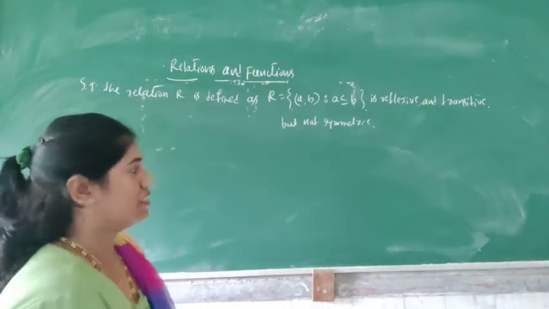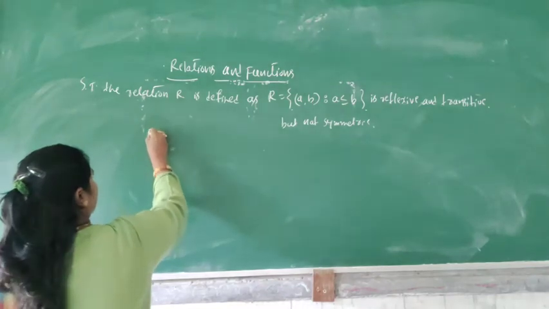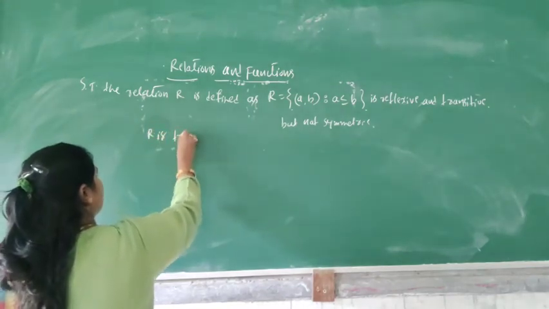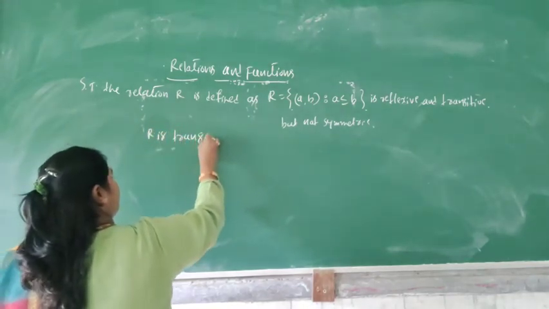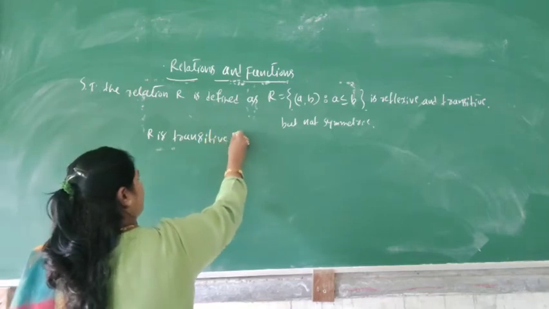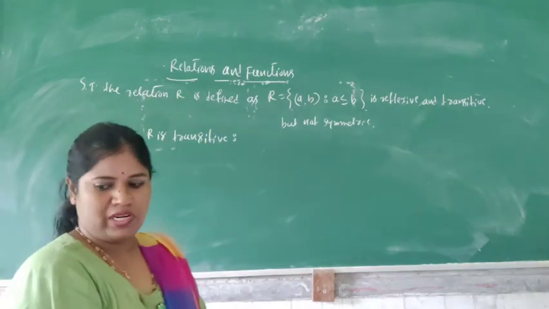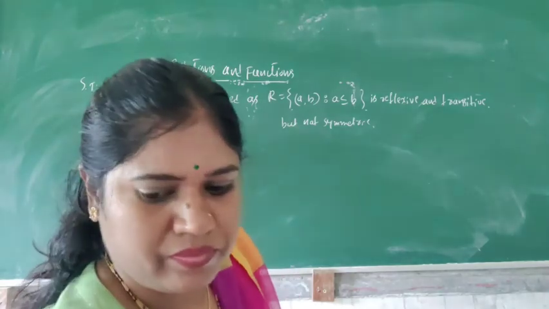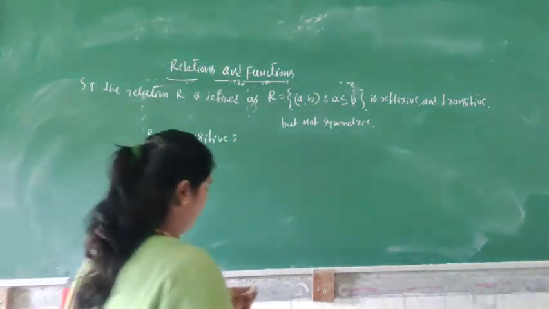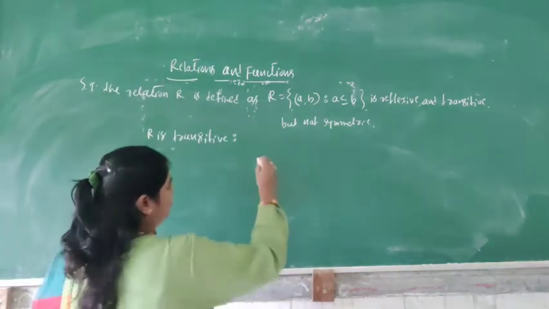Next, R is transitive. You know the transitive relation. What is it for R to be transitive?